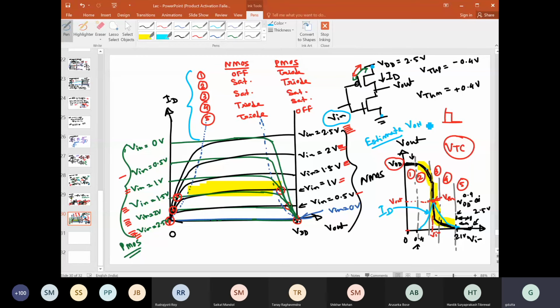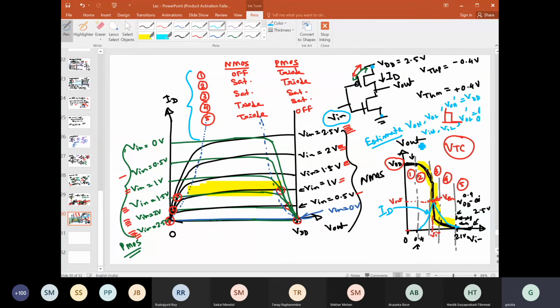That VOH, VOL, VIH, then VIL. And if you know all this, you can always find the value of VOH dash because that will be equal to VDD for this CMOS inverter. What is VOL dash? That will be equal to 0 volt for the CMOS inverter, right? It is 0 and it is VDD.